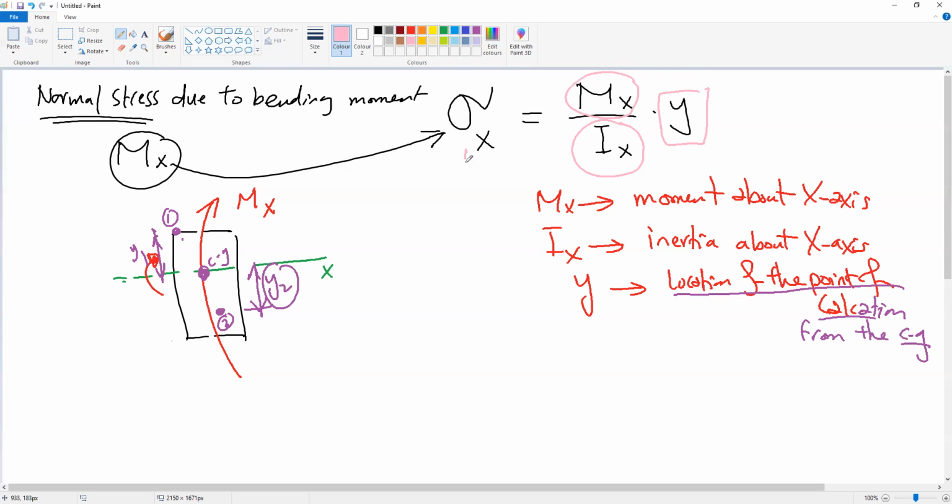So if you want to calculate the stress of a cross section, you need to know Ix. For some problems or in the exam, maybe the examiner doesn't ask you where the centroid is or what the inertia of this cross section is, because you will have to calculate it yourself to find the normal stresses.